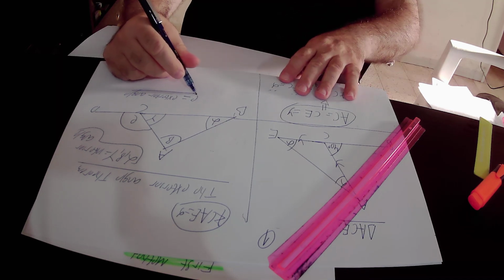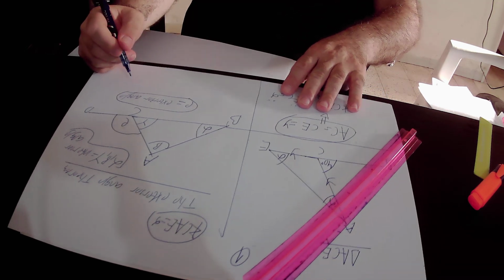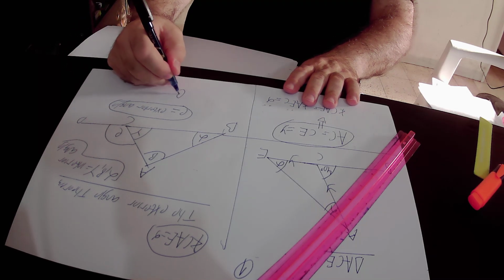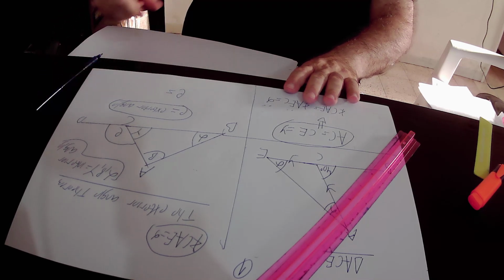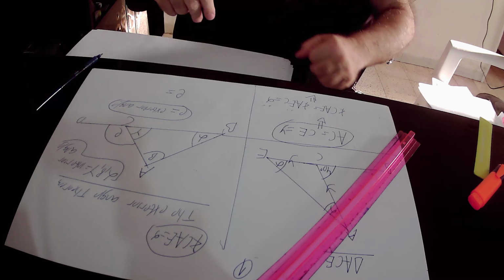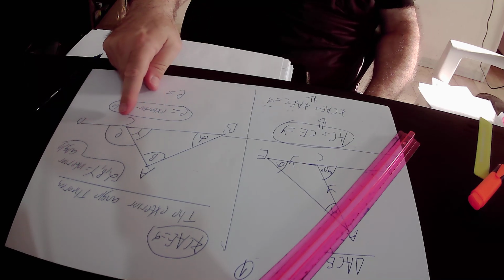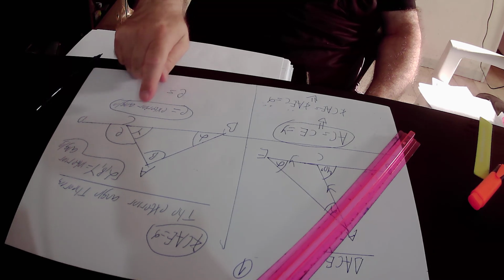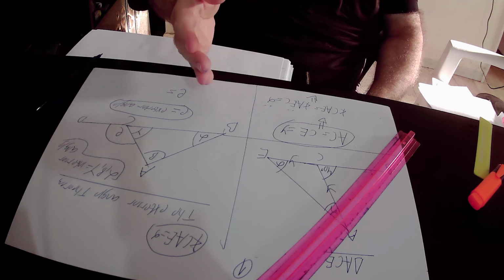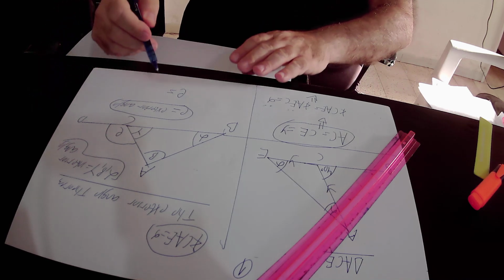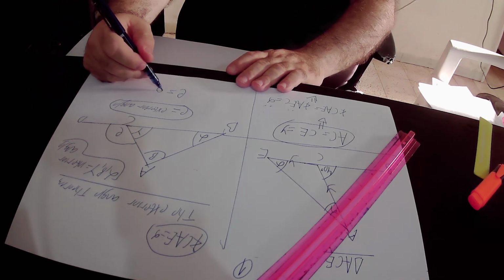And what is the size of the exterior angle E? According to the exterior angle theorem, it is equal to the sum of the two interior angles that are not adjacent to it. Here, angle gamma is adjacent to angle E, and the two other interior angles that are not adjacent to it are alpha and beta. Therefore, the exterior angle E equals alpha plus beta.